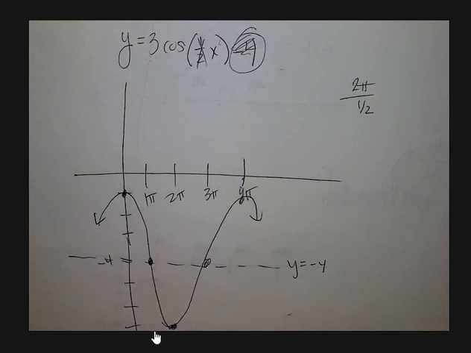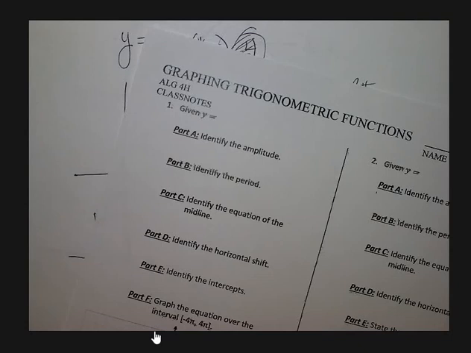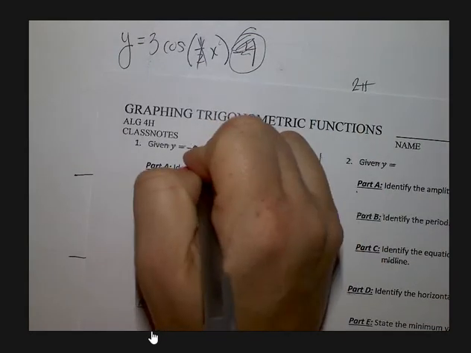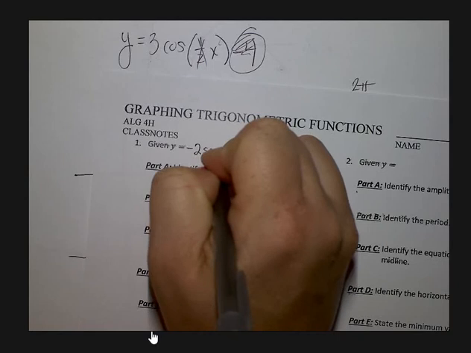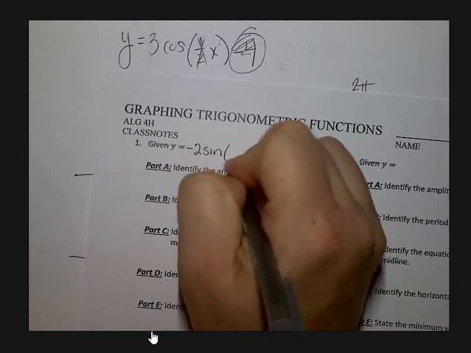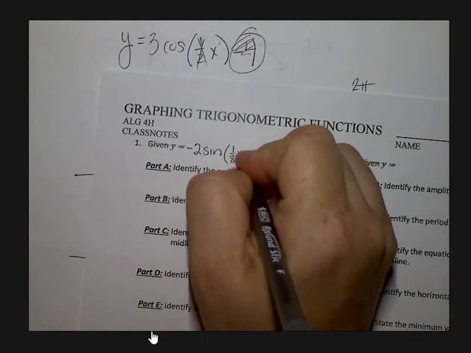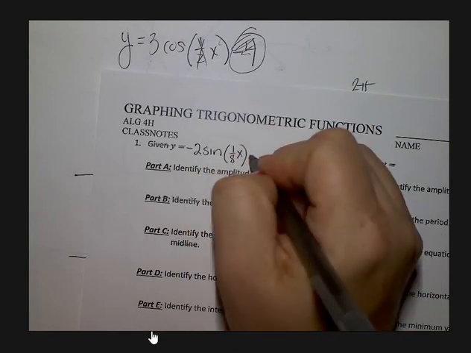1 to 5 right now. How well do you understand that one? 1 to 5. Take out the papers that you have right now, and we're going to write class notes on it. Please go to the first one. Write down y equals negative 2 sine of 1/8 x plus 1.